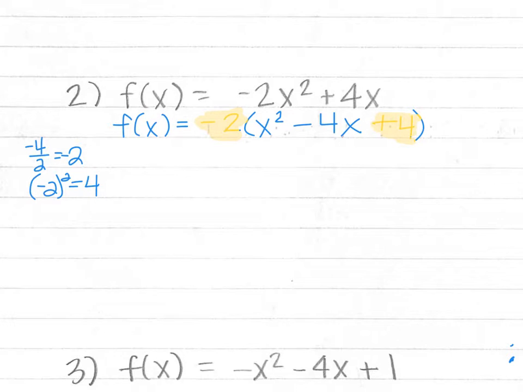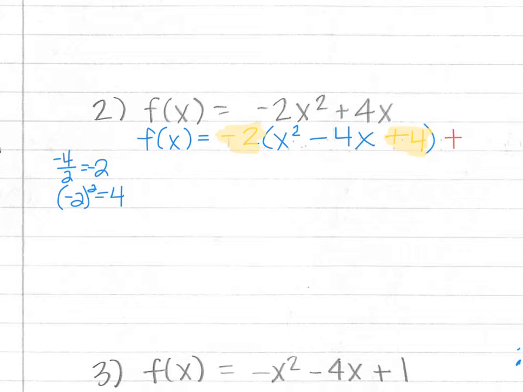So we just put in there -8. So what we need to do here is add 8 to the outside because we subtracted inside because we have that -2 out there.